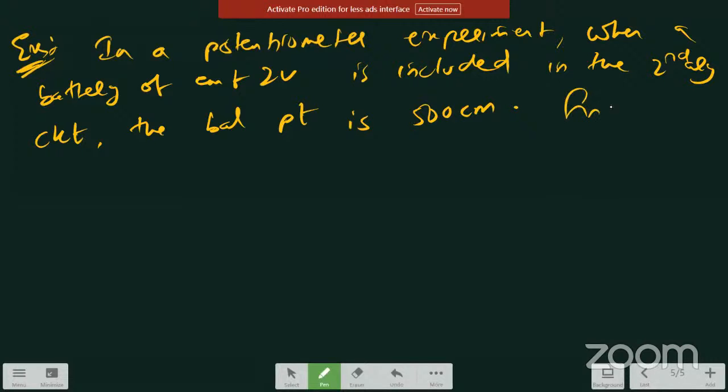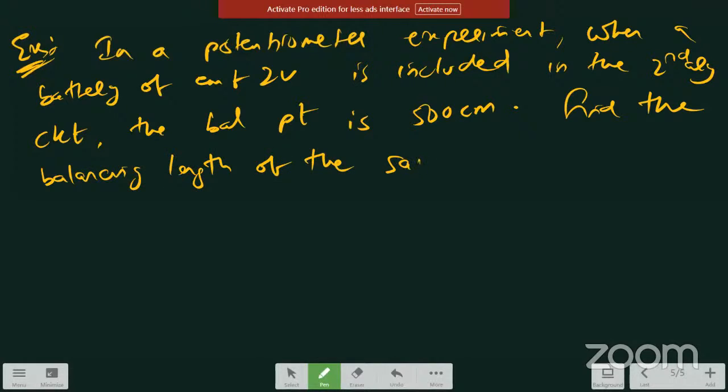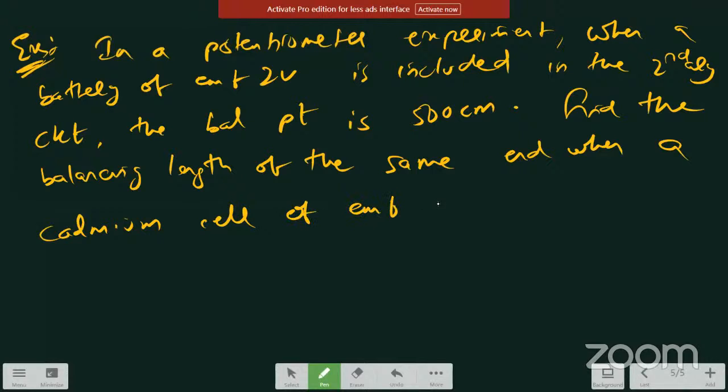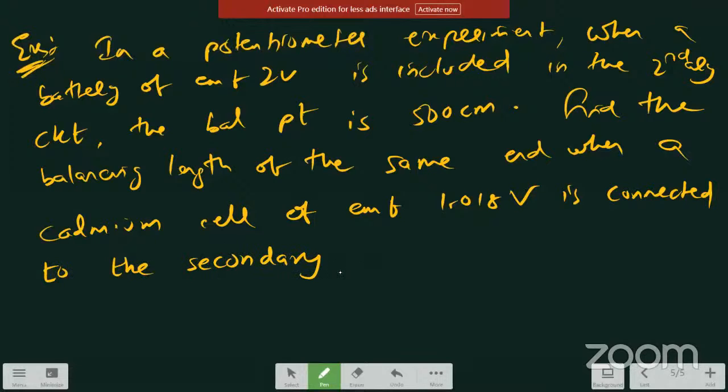Find the balancing length if a cell of EMF 1.018 volt is connected to the secondary circuit. Very important question.